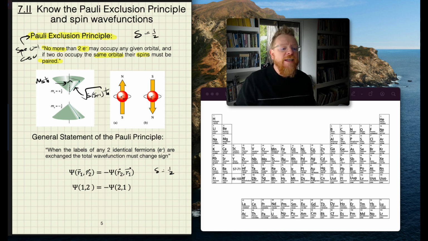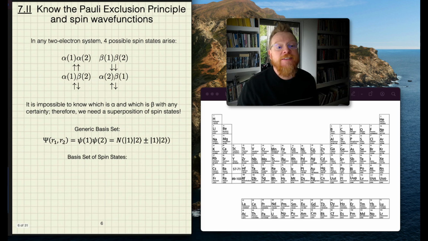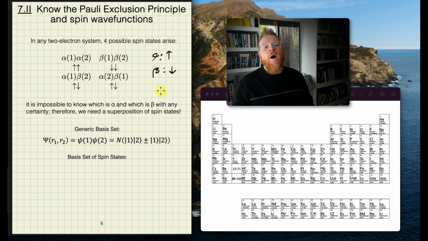So what this ends up doing is it creates a matrix of possibilities of possible spin states for any 2 electron system. And the 4 possible spin states that arise for any 2 electron system are the following. So we're going to call alpha spin up, and we're going to call beta spin down, and the 1 and 2 corresponds to the label of the electron.